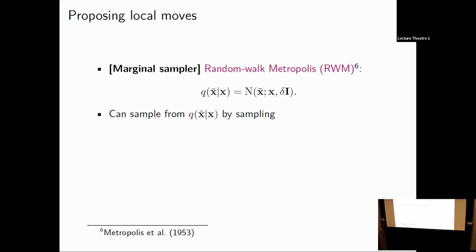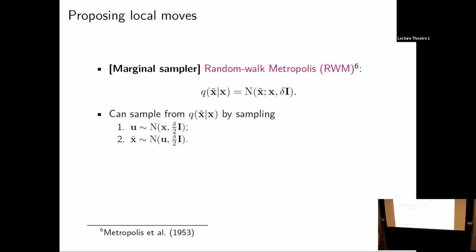Interestingly, so I told you about the marginal sampler and the auxiliary sampler earlier. Interestingly, we can construct a similar auxiliary sampler for this algorithm as well, because we could sample from this random walk Metropolis-Hastings proposal kernel by first sampling an auxiliary variable u in this form and then proposing a new state in this form.